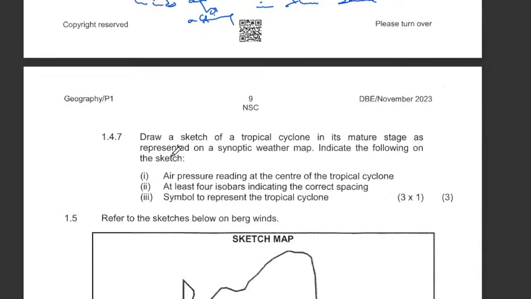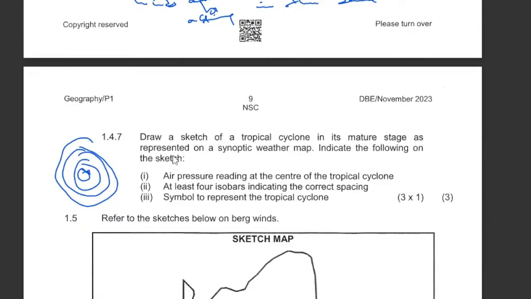Draw a sketch of a tropical cyclone in the mature stage as represented by a synoptic weather map. In the synoptic weather map, we normally have it in a circle where we have isobars. So at least the air pressure reading at the center of the tropical cyclone.